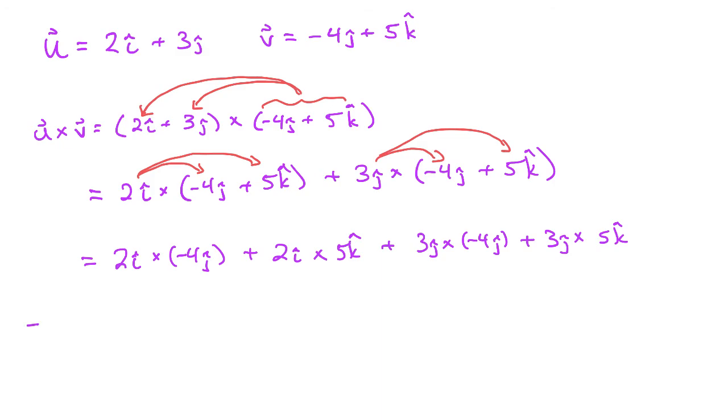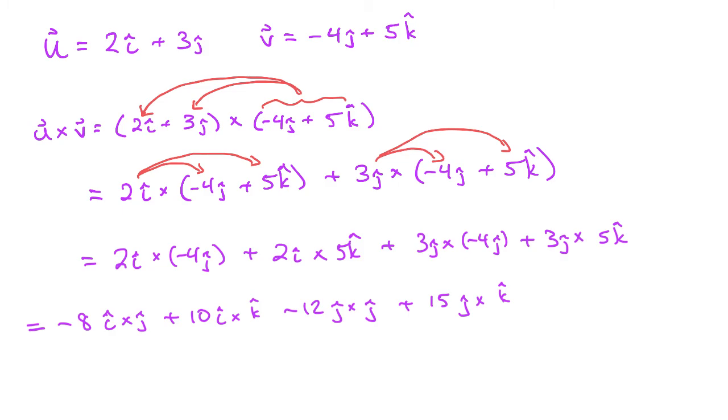And so what this is going to give us is 4 times 2, a minus 8, i cross j, plus a 10, i cross k, and finally a minus 12, j cross j, and plus a 15, j cross k.